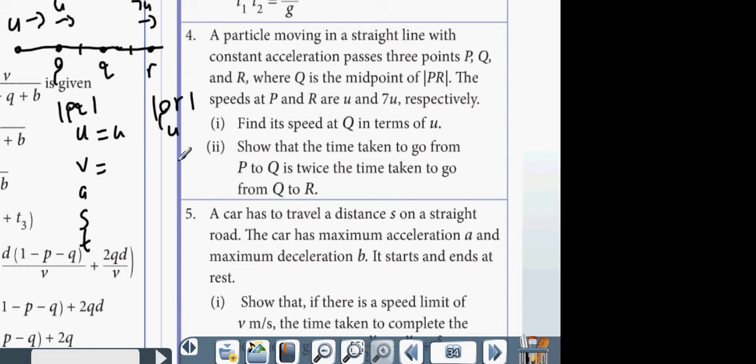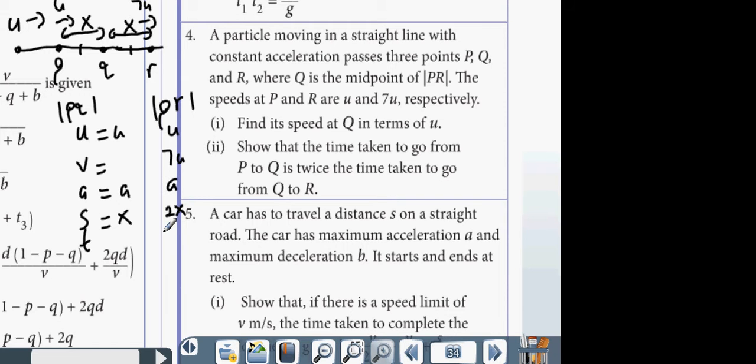What we know is that this is 7u for PR. We know nothing about the acceleration, all we know is a. Let's call this x, and therefore the other one is going to be 2x. So x and 2x respectively.